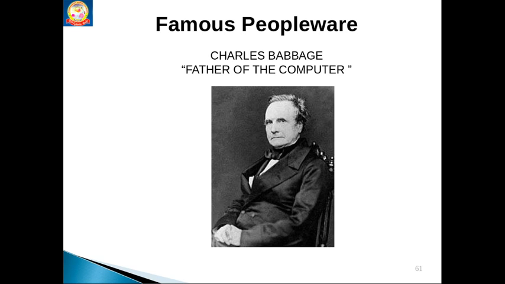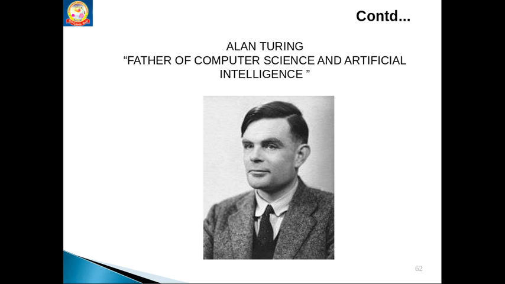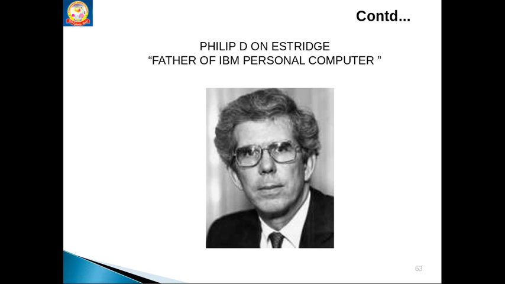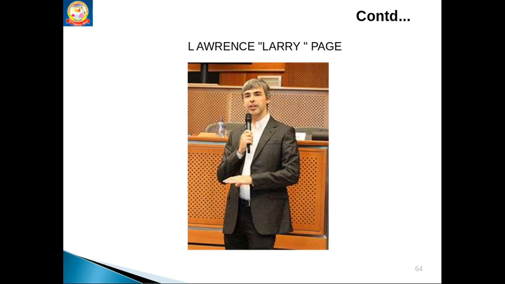Let's see some famous peopleware. Charles Babbage, he is the father of the computer. Alan Turing, he is the father of computer science and artificial intelligence. Philip Don Estridge, he is the father of the IBM personal computer. Next, Lawrence Larry Page.